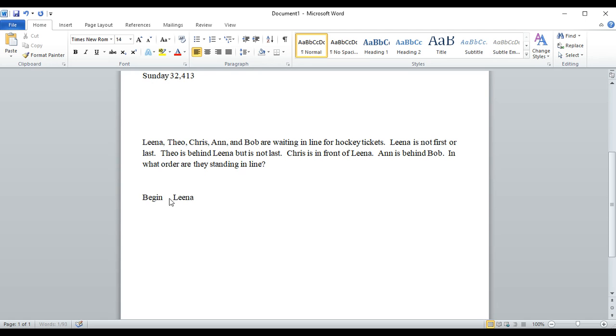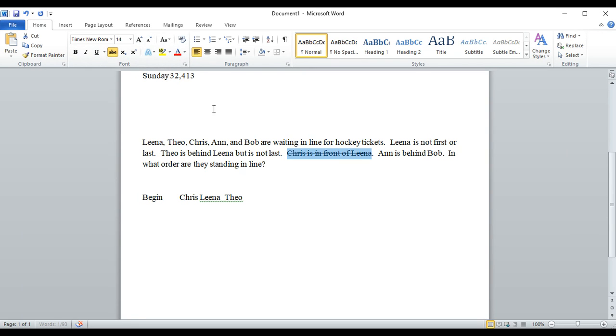Theo is behind Lena, okay? So we know that Theo is going to be right behind Lena, and we know that Chris is going to be right in front of Lena because it tells us that Theo is behind Lena, but Theo's not last, so we need to keep that in mind. Chris is in front of Lena. Now, he could be first in line. I think we're done with this piece of information, so I'm going to cross it out.